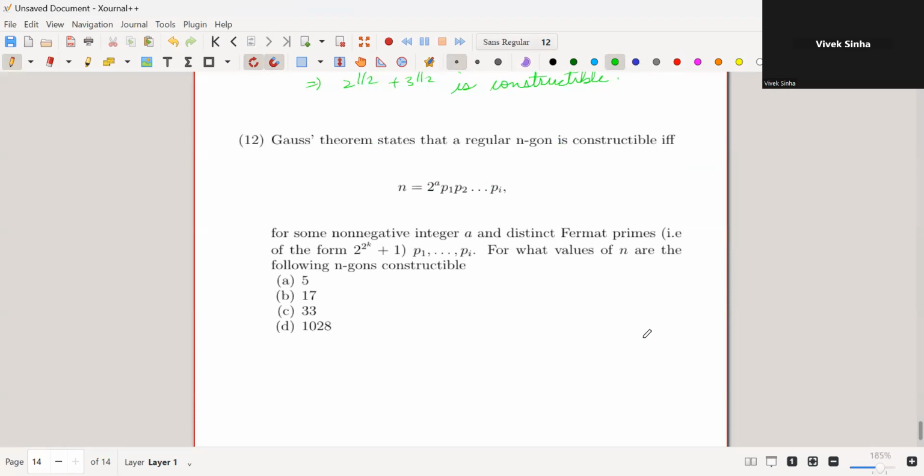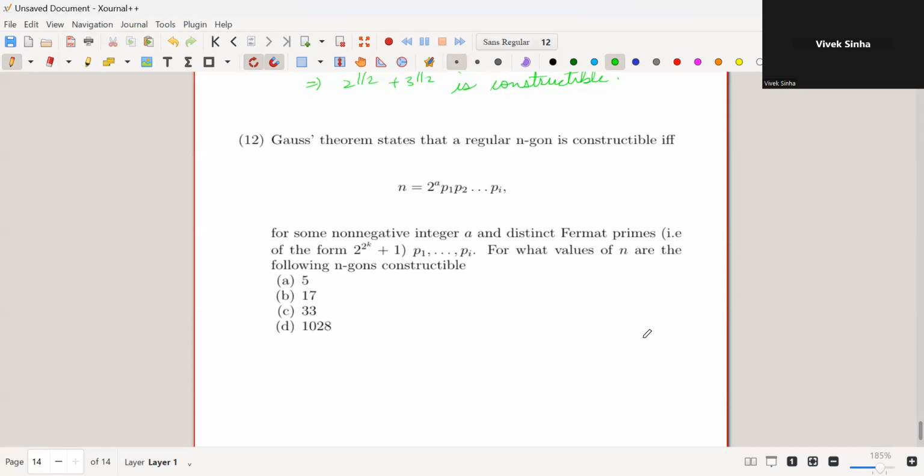What Fermat primes are? They are primes of the form 2 raised to 2^k plus 1. So if n is of this particular kind, that it is some power of 2 times some distinct primes, and each of them is a Fermat prime, then only we can say that the regular n-gon is constructible. So it's an if and only if condition.